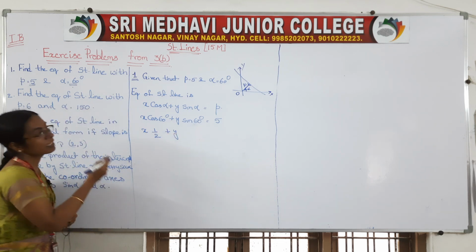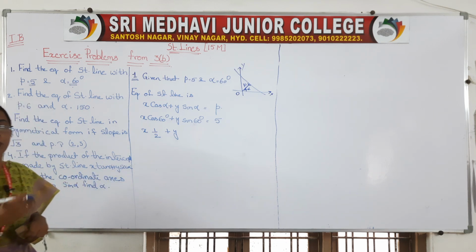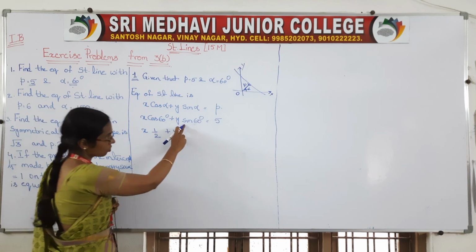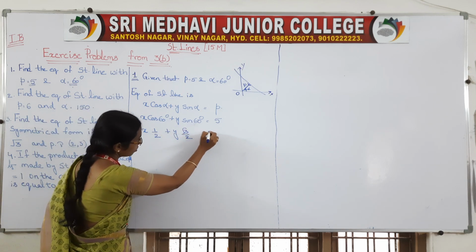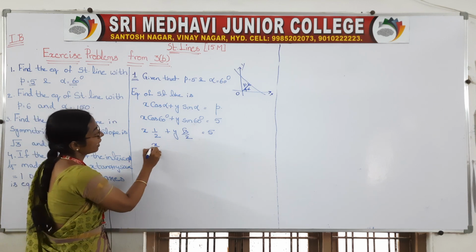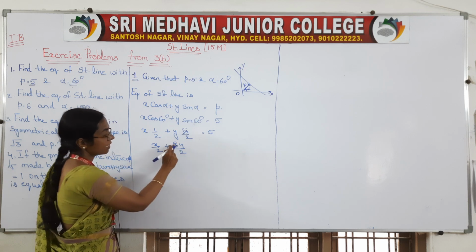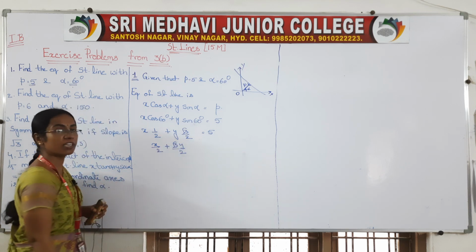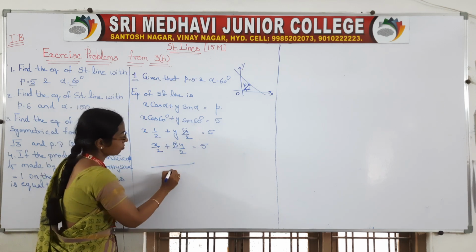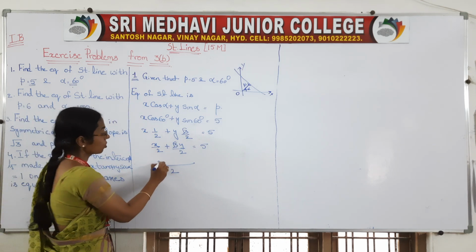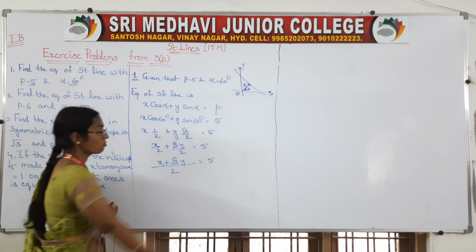See, we are doing geometry and applying trigonometry formulas. Both papers are interconnected. So sin 60 is root 3 by 2, is equal to 5. So this is x by 2 plus root 3 y by 2. Generally first we write the constant, then the variable, is equal to 5. Take the LCM, 2 is the LCM. So x plus root 3 y is equal to 5.